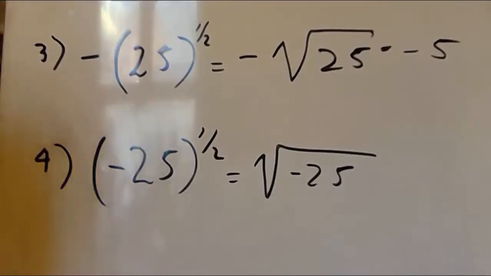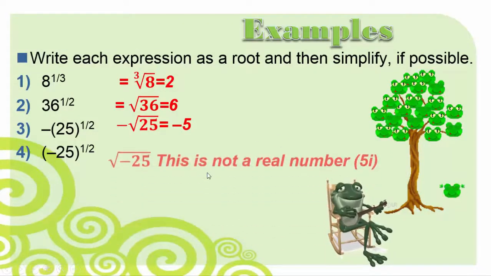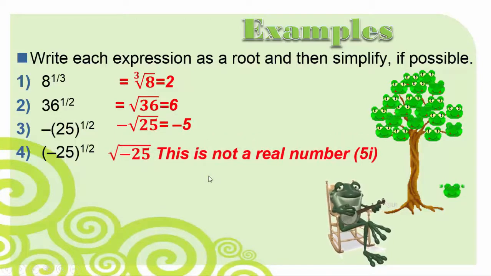We'll talk about what we mean by imaginary later. We just found that when we have the negative sign inside the bracket, this is not a real number, but something called an imaginary number that we would call 5i. We'll learn a little bit more about imaginary numbers later, but for now, we could say that this is not a real number.